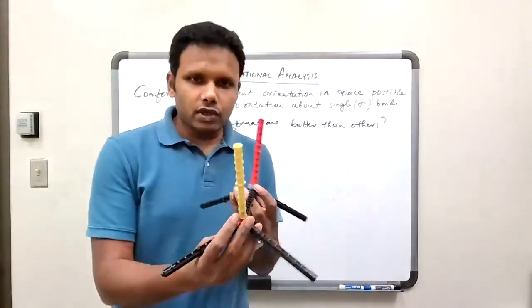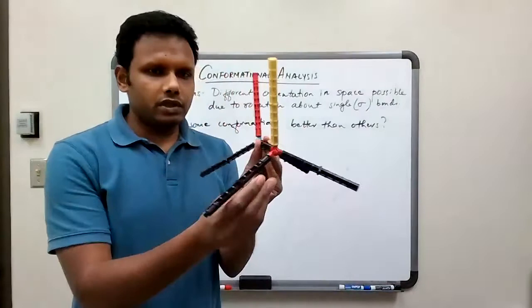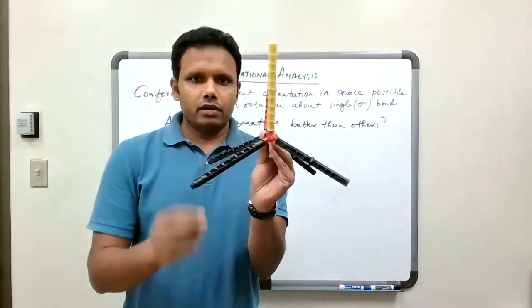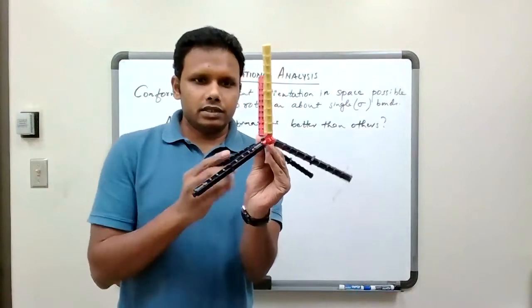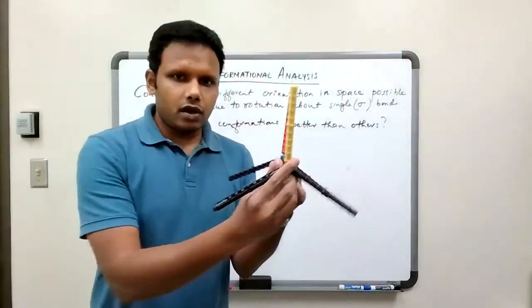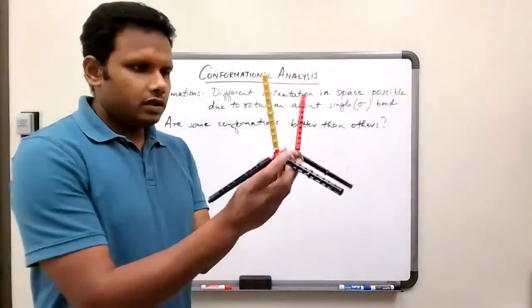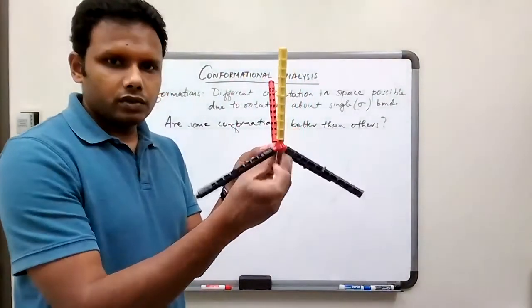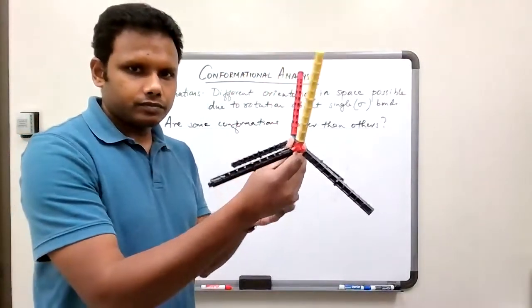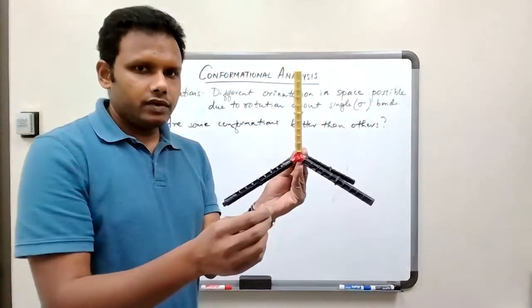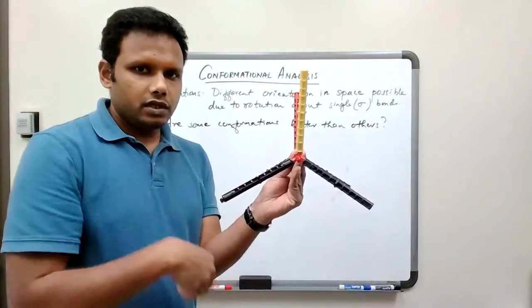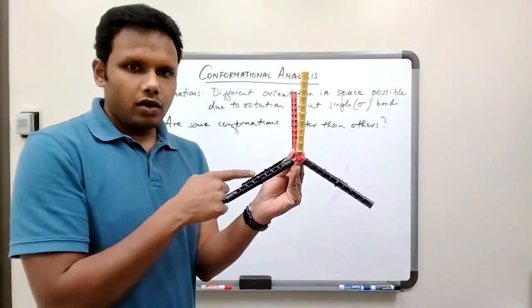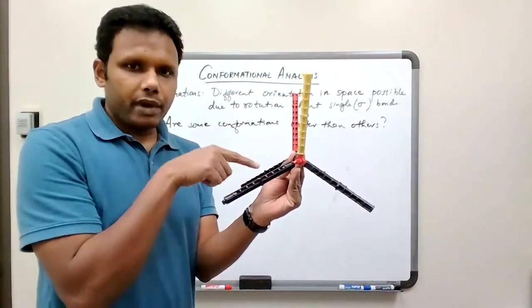And so the first conformation that we're going to talk about is this one here, where one of the carbon atoms is exactly in front of the other carbon atom. So as we see here, when we look at this molecule right now, every bond on this first carbon is in front of a bond on the back carbon.